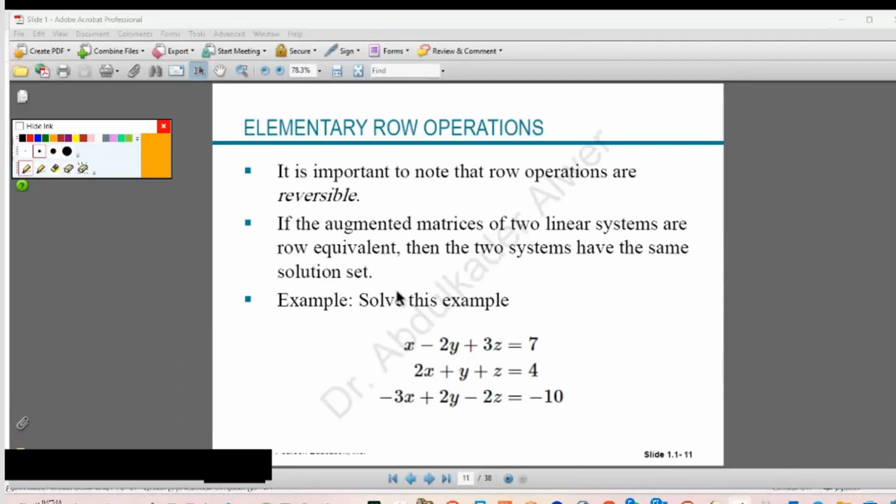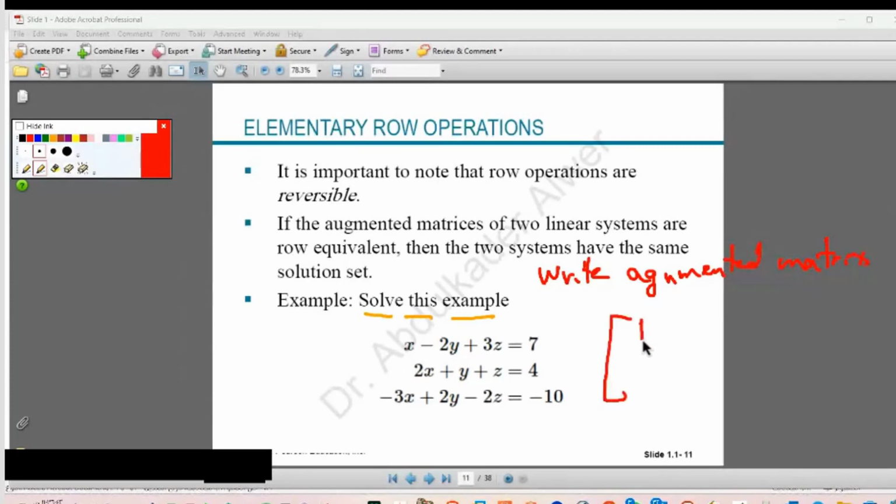Solve this example. First of all, I will write here the augmented matrix. Easy.